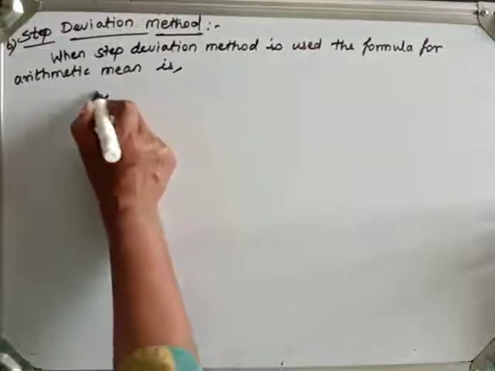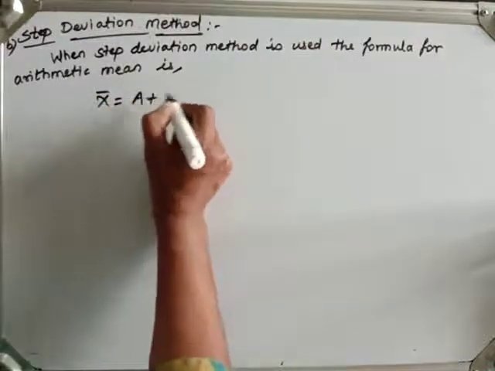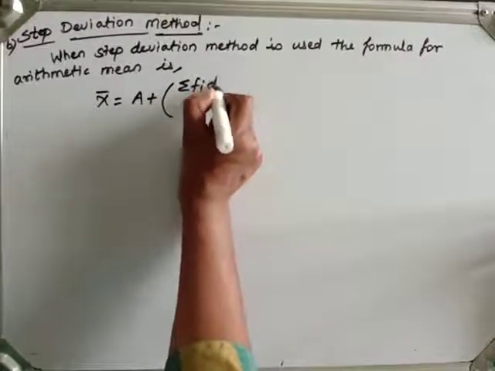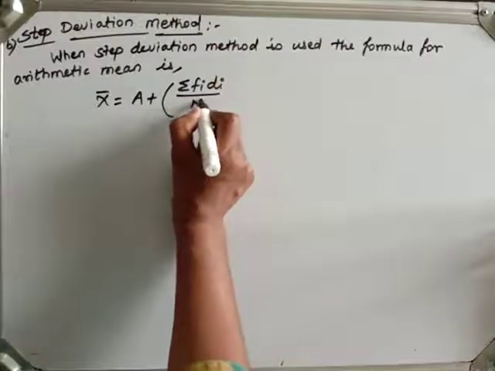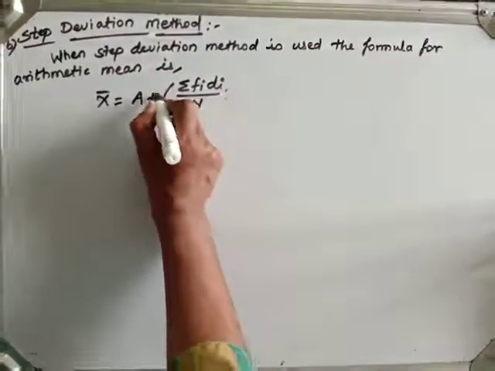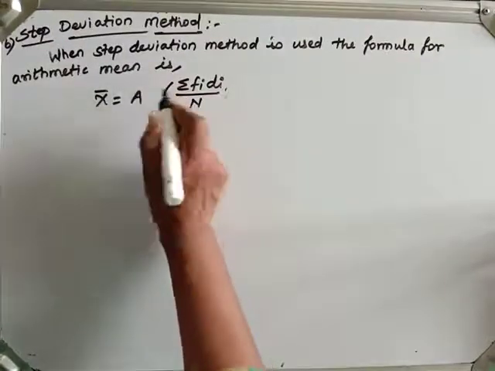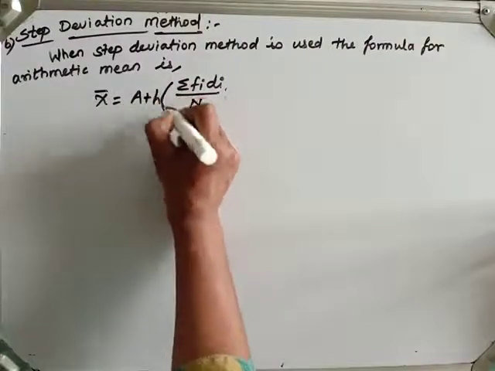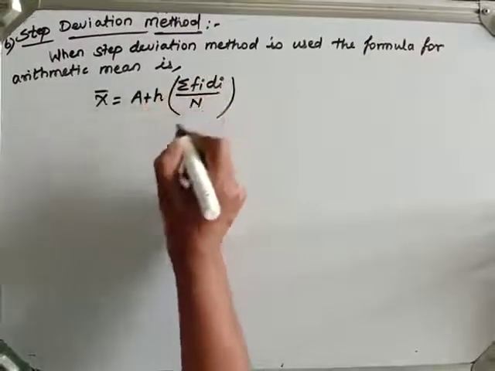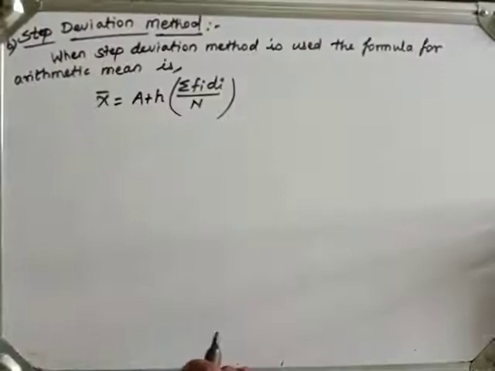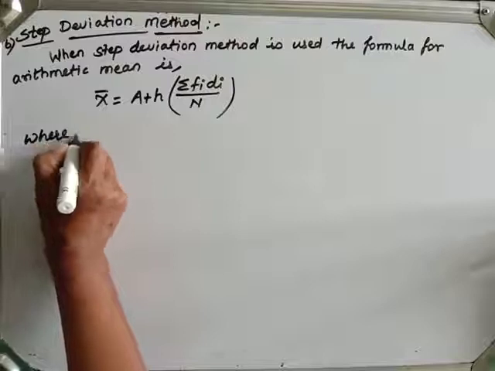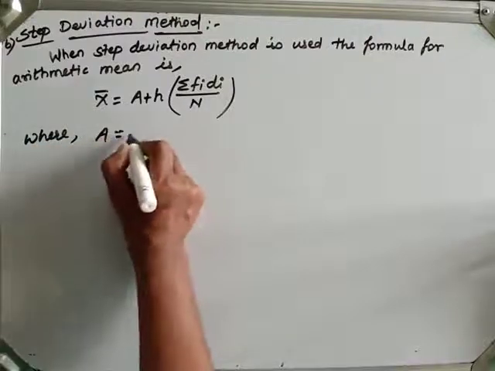The formula will be x bar is equal to a plus h times summation fi into di upon capital N, or you can say h into this sum. Here I can write h into this one as such. So here, where a is the assumed mean.